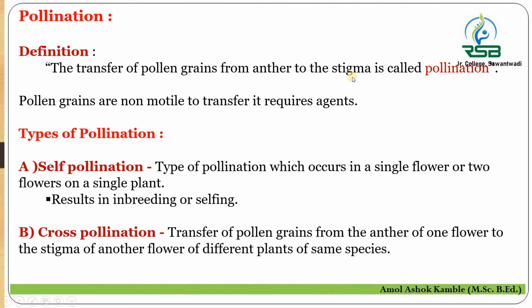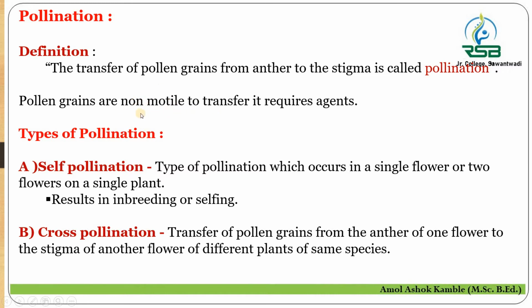So the relation between male and female, that is the transfer of pollen grains from anther to the stigma, is called pollination. Then the question comes, why is there a necessity of pollination in angiospermic plants? Because the two male gametes formed at the time of male gametophyte development are non-motile.